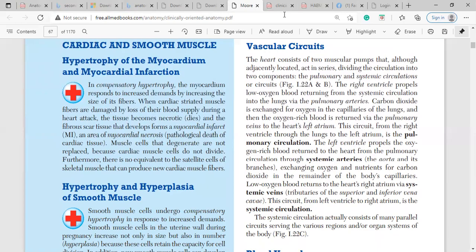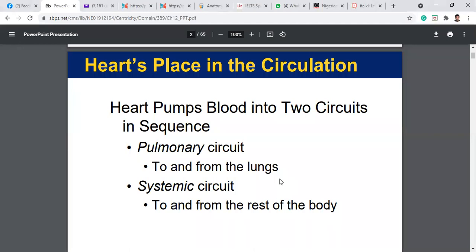So I'm going to show you another diagram to explain that pulmonary circulation. So here I have these two circuits, okay? The heart pumps blood in two circuits.